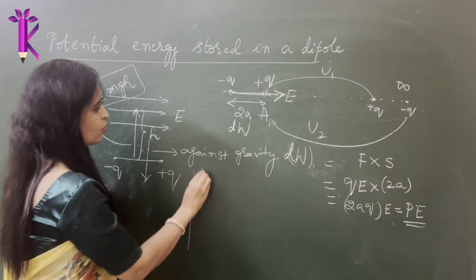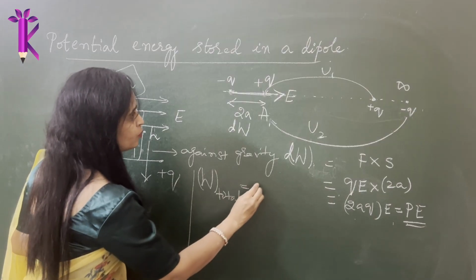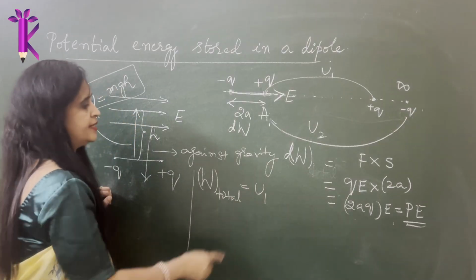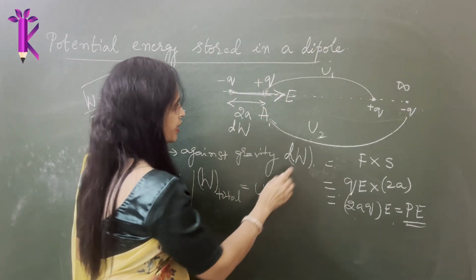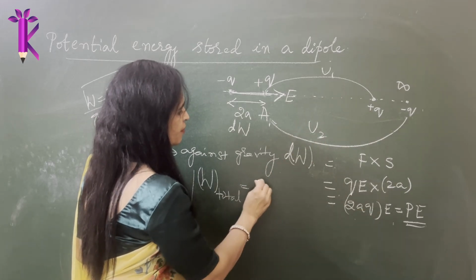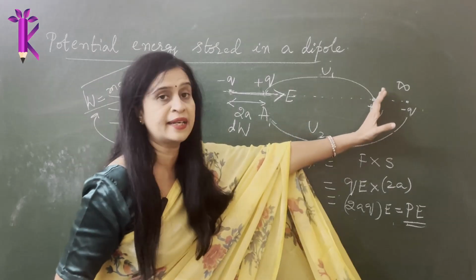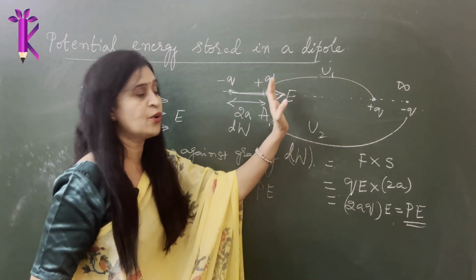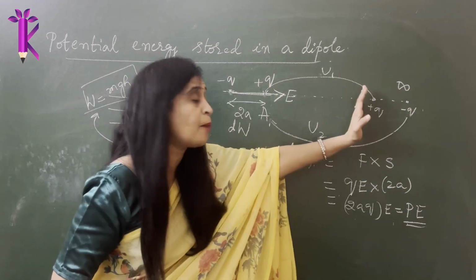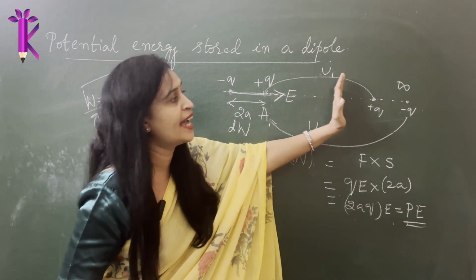So what is the total work you did? The total work you did is, one was bringing it here, another was again U1 plus U2 plus PE. These two, you are literally stopping it, right? Because it wanted to come, you had to do work to stop it from coming along with plus q. So you are doing it in a direction opposite.